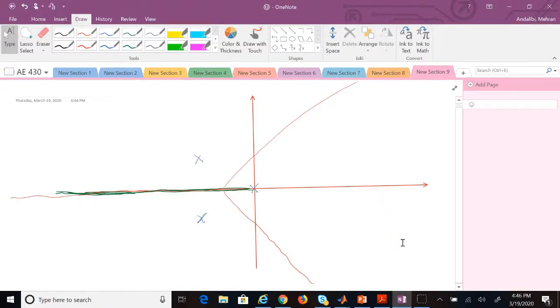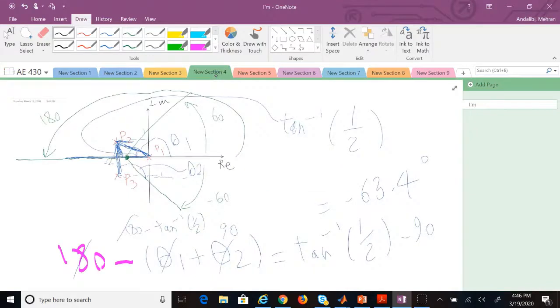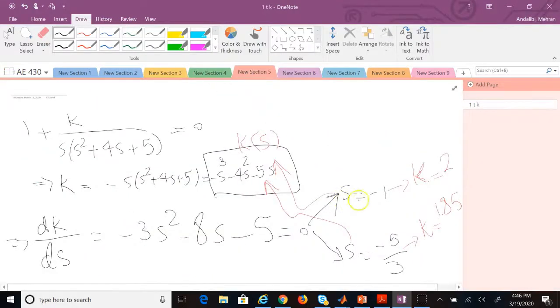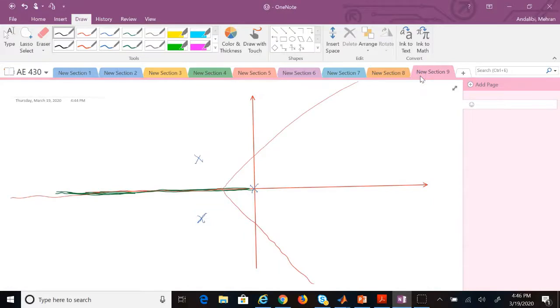Then we found the breakaway points. Let's go back and look. They are at negative 1 and negative 5 over 3. So one of them is here, negative 5 over 3.